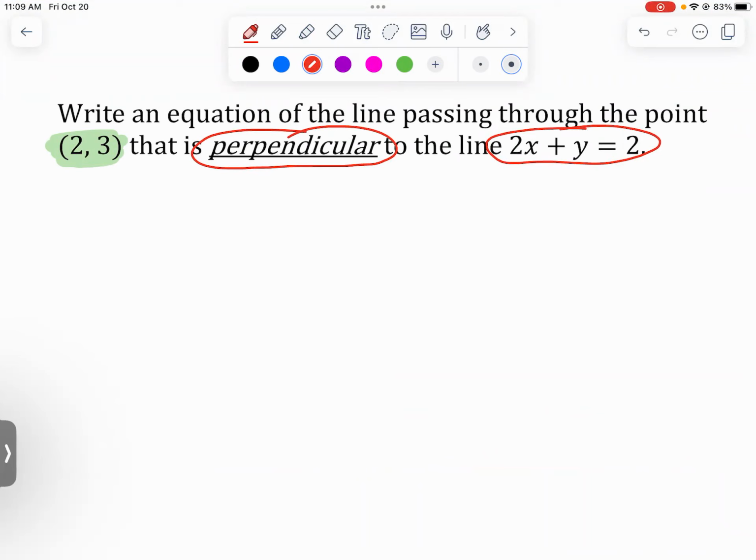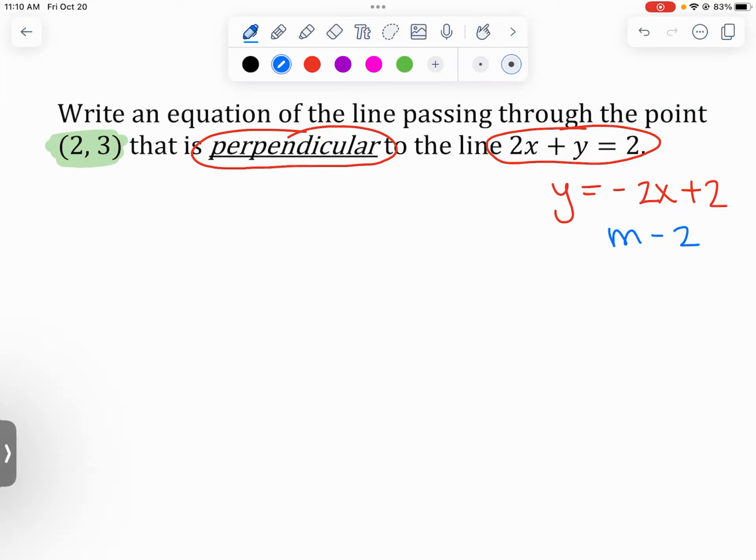What do we need to do with this equation before we think about anything else? Minus 2x. So y equals -2x plus 2. Okay. Brayden, what's the slope of this line? Okay, our slope is -2.